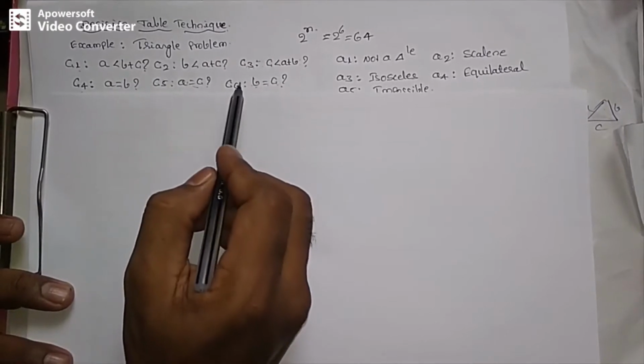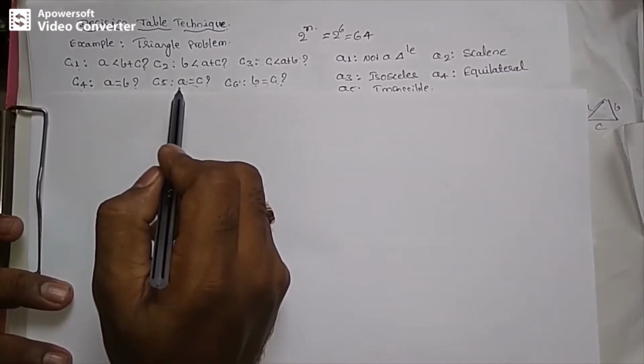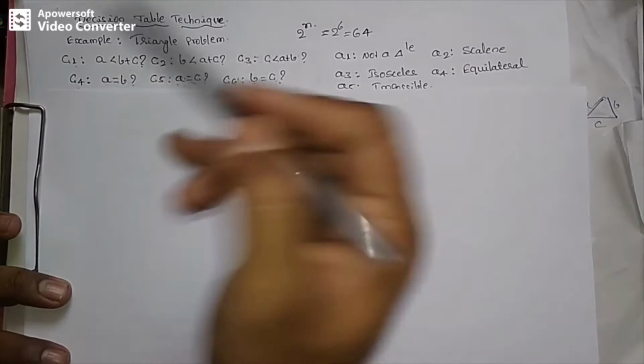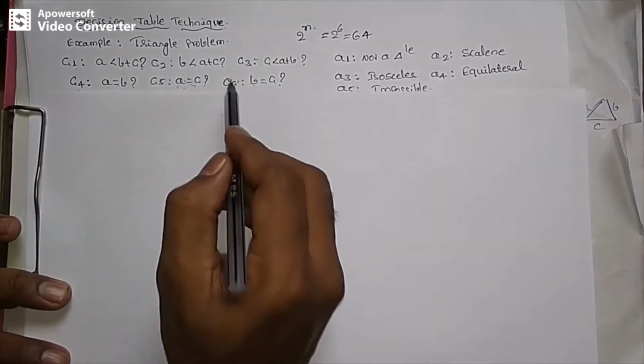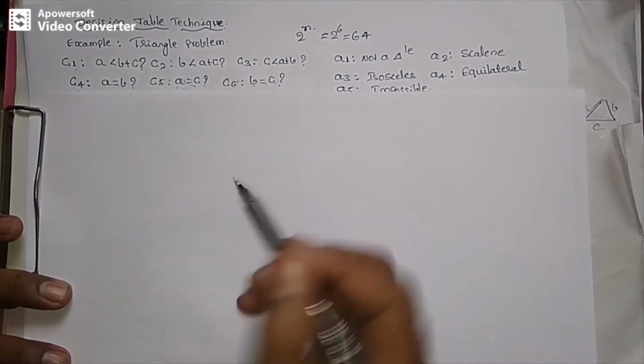If C4 and C6 are true, and C5 is not satisfied, that is false, then what type of triangle is it? Based on these conditions, we check what type of triangle it is.